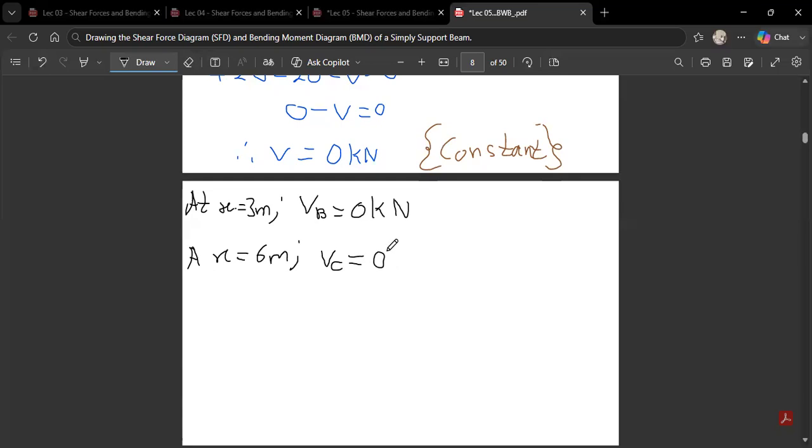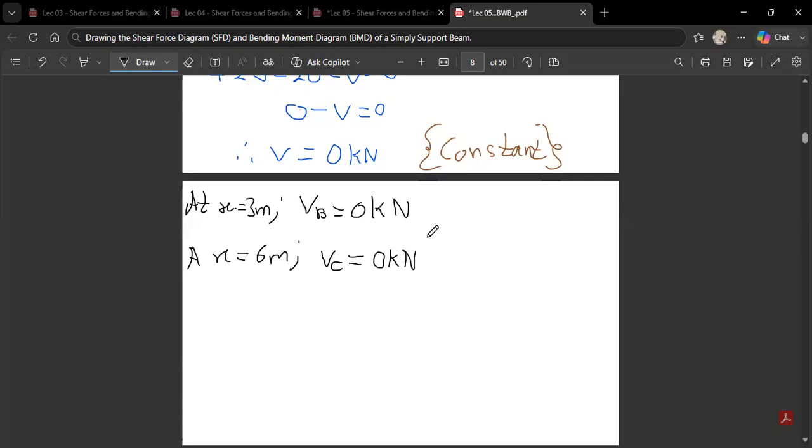This thing we are talking about is shear force, it's not vertical force. So your shear force at C also becomes 0 kilonewton.